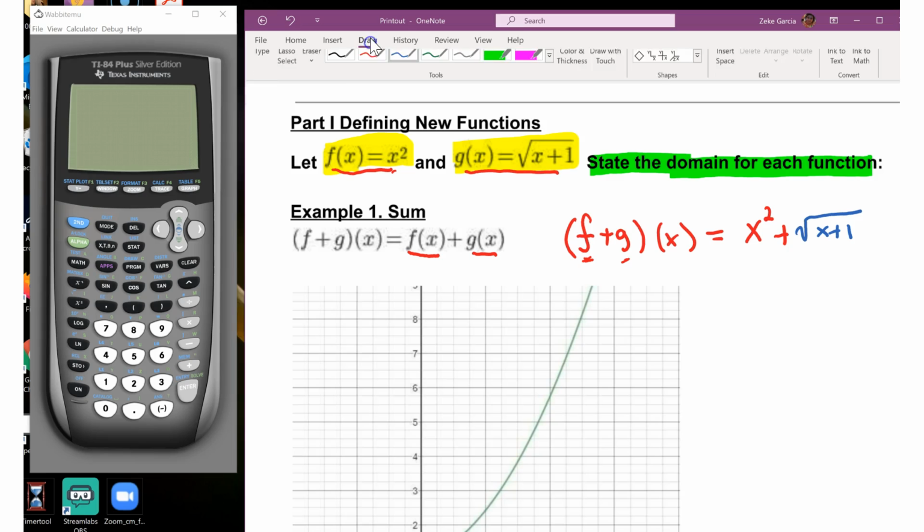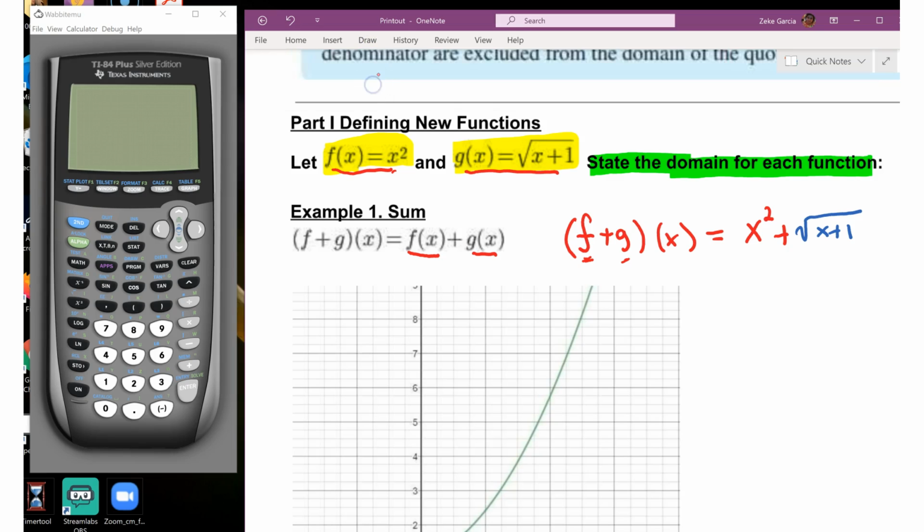So the new function that we've created is going to be function f and function g. So you have x squared plus the square root of x plus 1.